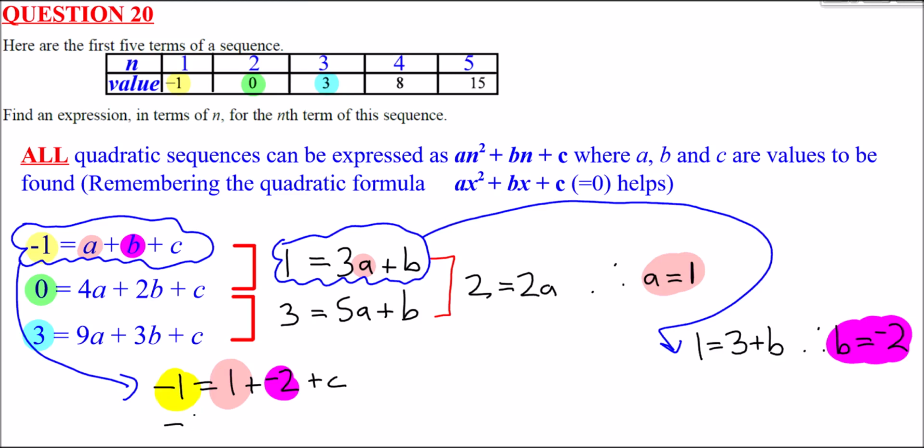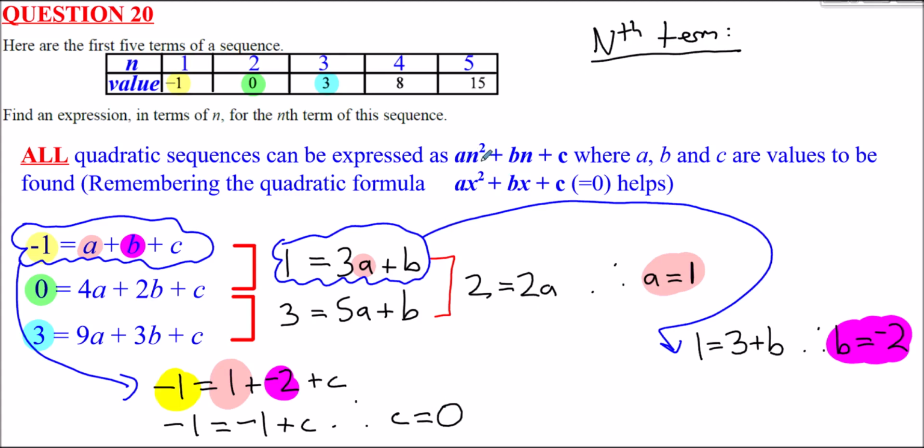So minus 1, 1 plus minus 2 is the same as 1 take away 2, which is minus 1. So minus 1 equals minus 1 plus c. So therefore, minus 1 is already equal to minus 1. We don't need anything else, so c has to be 0. So then we've got it. The nth term is as follows.